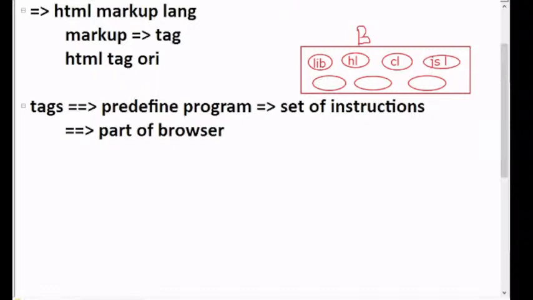Next, this is HI, HTML interpreter. And this is CI, CSS interpreter. Next, this is JSI, JavaScript interpreter. All the I's are the interpreters, all the L's are the libraries.